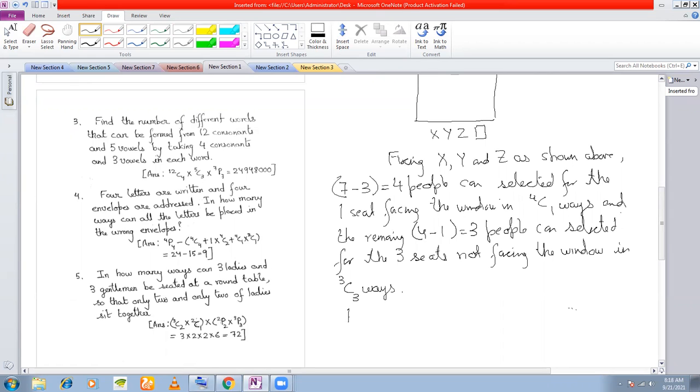Hence, or let's say number of ways of selection.